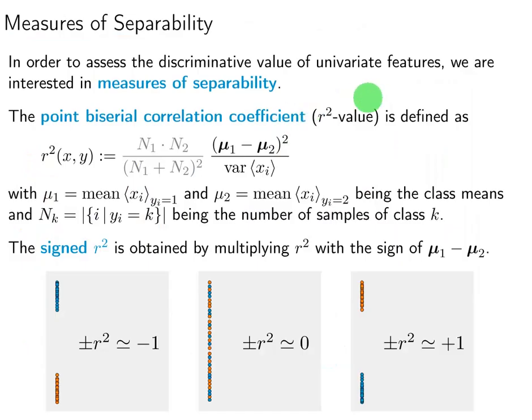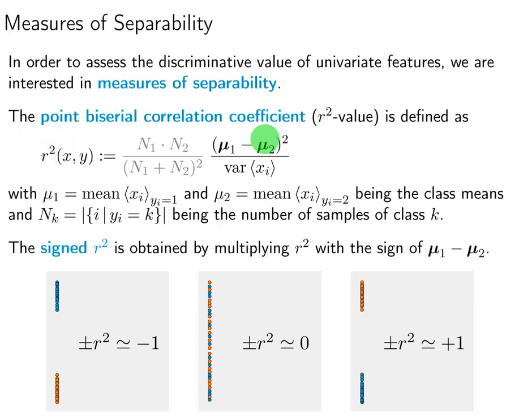One of the metrics used to measure separability is called the point biserial correlation coefficient between two univariate features. It is based on this formula.